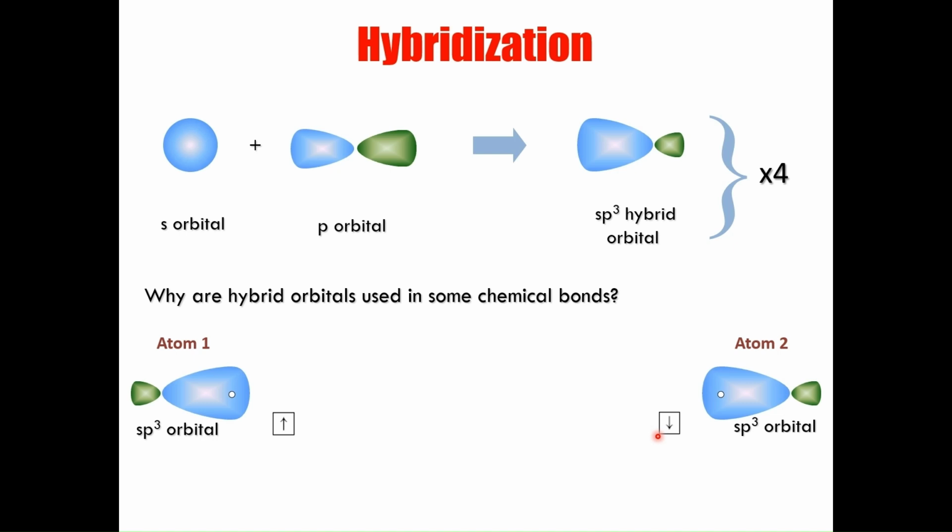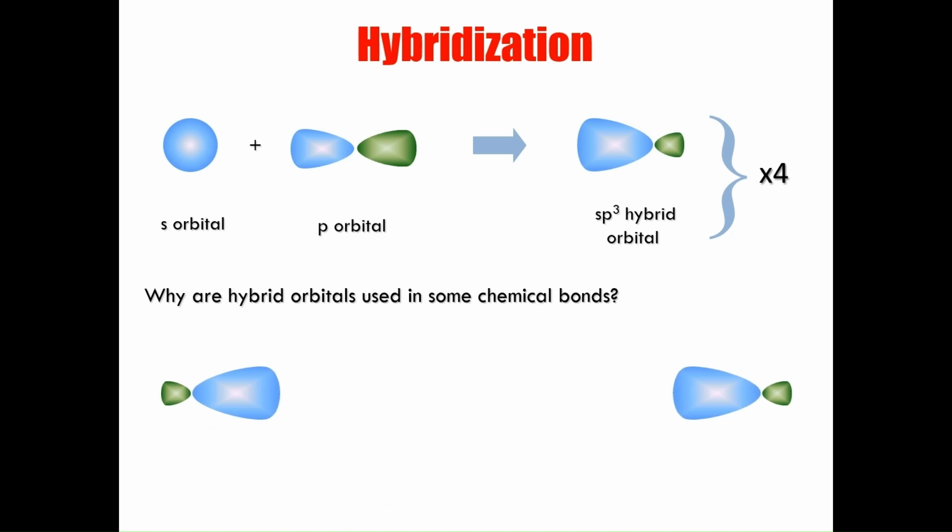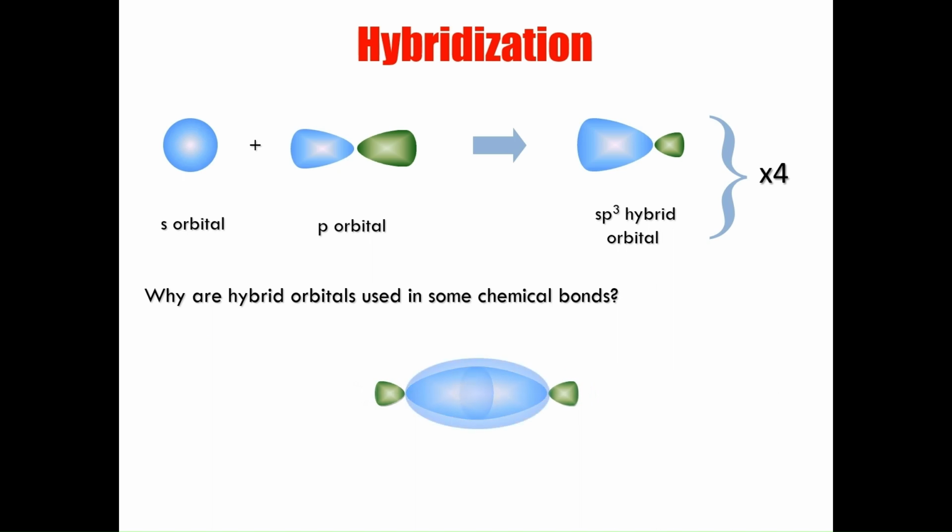It's important that they have opposite spins so that they can come together and occupy the same orbital space. When they come together, the 2 hybrid orbitals overlap to create this bubble of space for a bond. This space allows for the 2 opposite spin electrons.